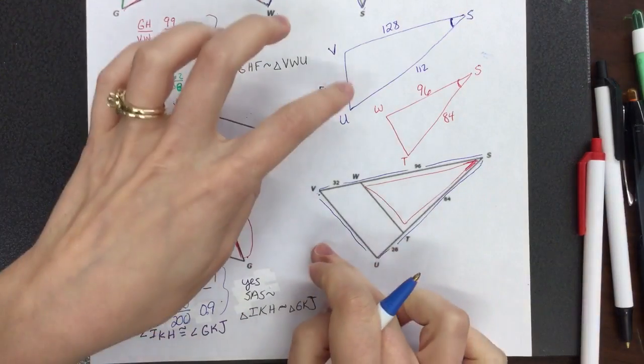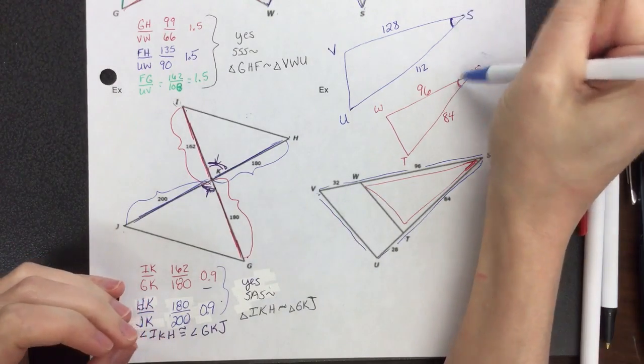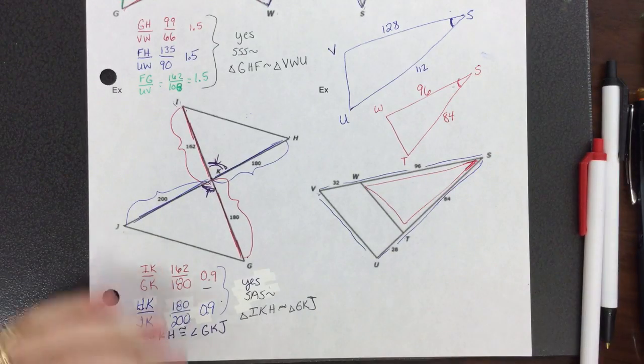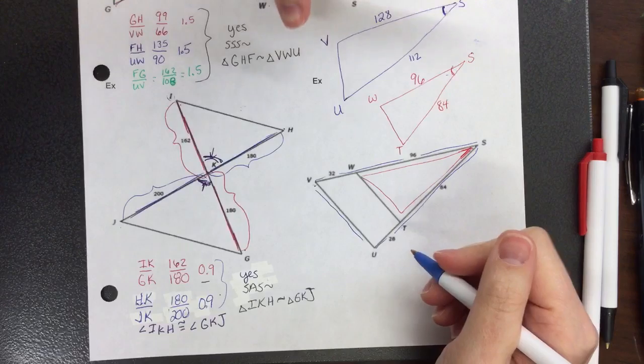So if you look, they don't give us that side. So if you look at the information that they give us, they obviously give us a side, two sides, and an angle. We just have to double check and make sure that the angle is included between the two sides. It is, so it's going to be worth our time to do the math to check and see if they really are similar.